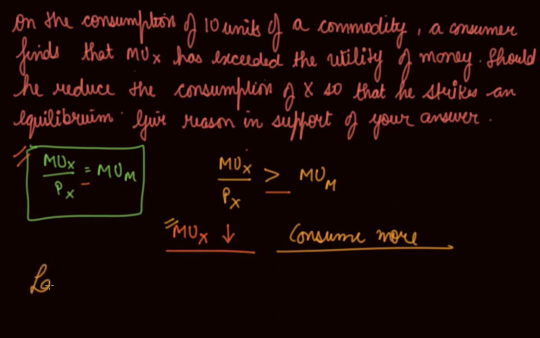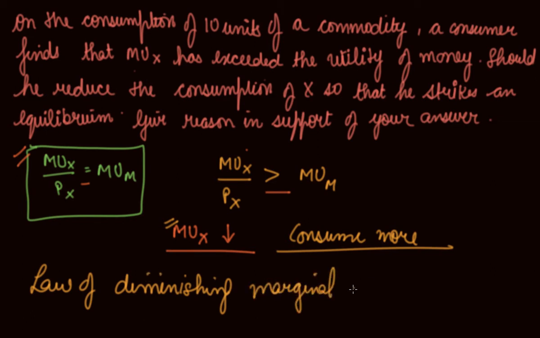This is because of the law of diminishing marginal utility. So, a consumer should not reduce the consumption of X, but a consumer should increase the consumption of X in order to achieve the equilibrium level of this. So, in order to achieve the equilibrium level, your MUX should reduce because your price will be constant.